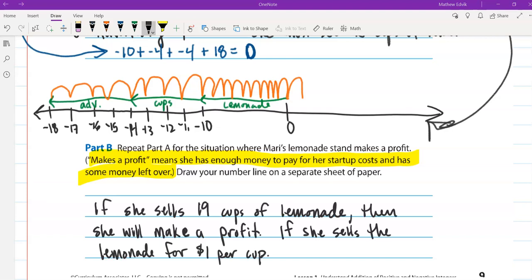So if she sells 19 cups of lemonade, then she will make a profit if she sells the lemonade for $1 per cup. All right, and that is our work for today.